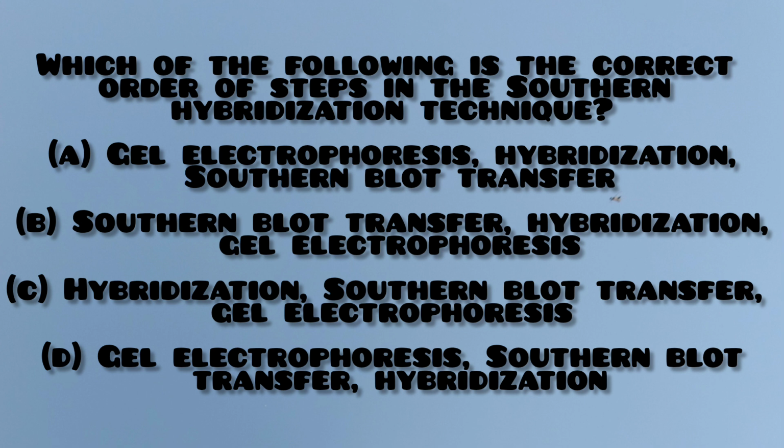So the options are gel electrophoresis, hybridization, Southern blot transfer; or hybridization, gel electrophoresis; or hybridization, Southern blot transfer, gel electrophoresis; or option D, gel electrophoresis, then Southern blot transfer, then hybridization. The correct sequence for the whole process of the Southern hybridization technique is option C. First we do hybridization, then transfer on the Southern blot, then gel electrophoresis. So C is the correct answer for this question.